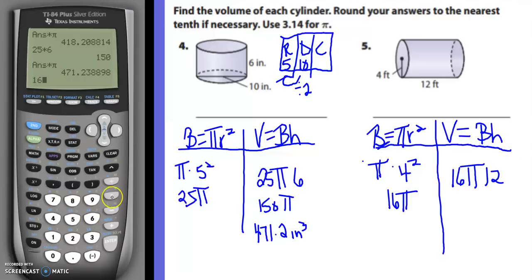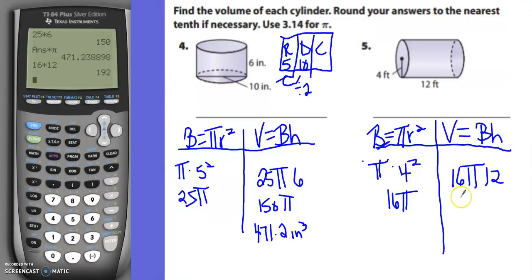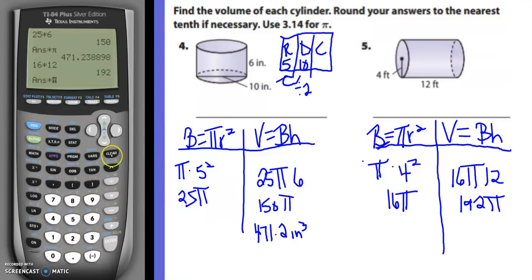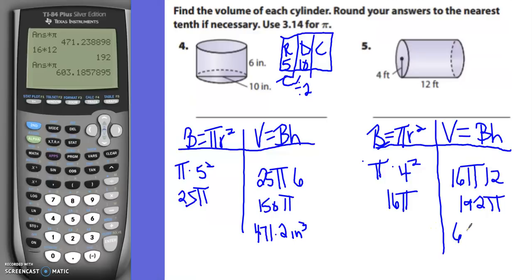So we have 16 times 12 is 192 pi. 192 times pi is 603.2. And we're going to say feet cubed.